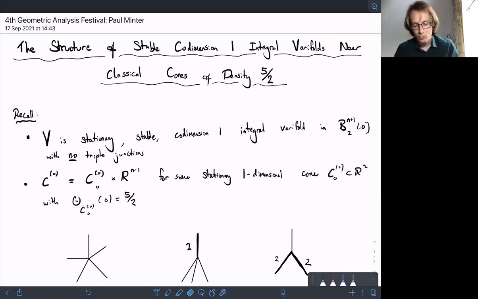And by stable, we technically mean its regular part is stable. So we don't worry about the singular set, which by Allard regularity, we know that the regular part is always open and dense, but it could have small measure a priori. And we assume that V has no triple junction singularities.